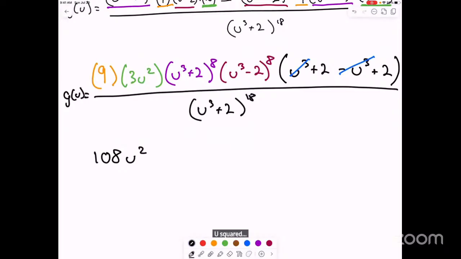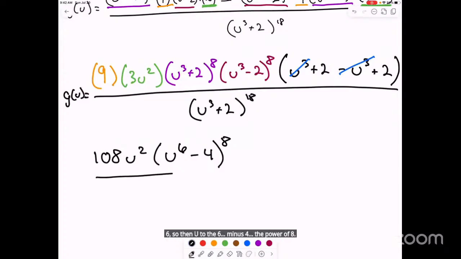Now we could combine those. Six. So then u to the 6 minus 4 to the power of 8, all over. Now that is difference of squares. I mean, is anything going to cancel?